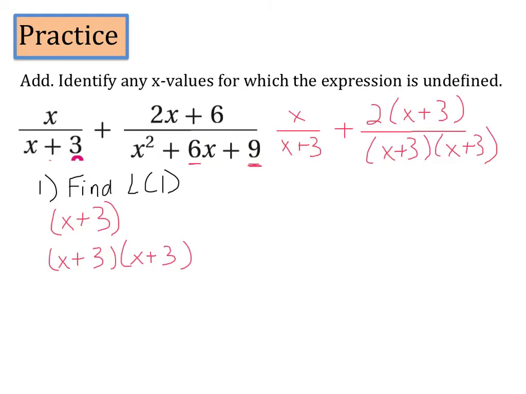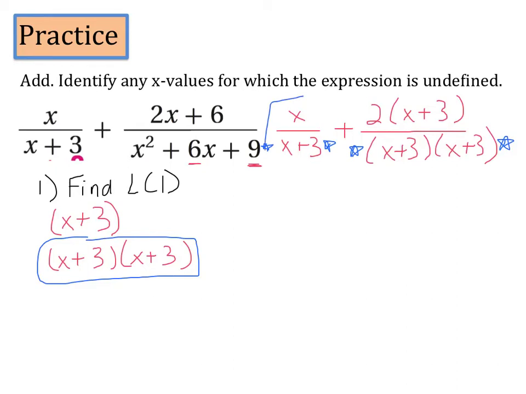Now technically we could eliminate these x plus 3's, but for the sake of this problem, let's try to find the lowest common denominator. So once again, think, is it easier to add something in the denominator here or to add something in the denominator here? My lowest common denominator is x plus 3 times x plus 3.